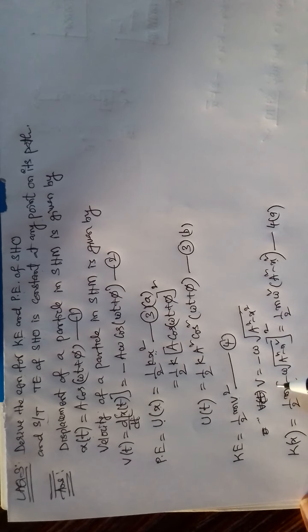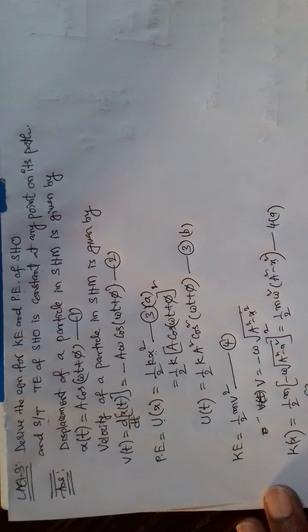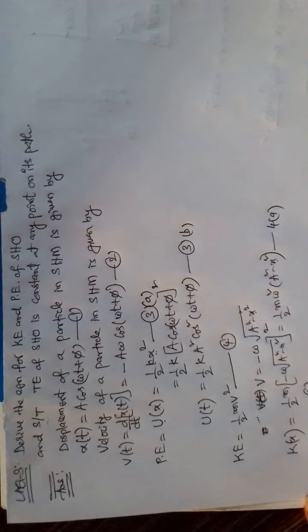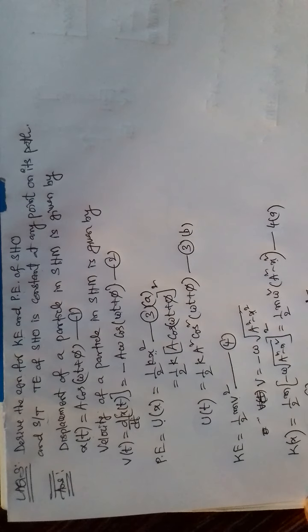Now here in place of velocity, instead of substituting this, you can substitute this expression also. So substituting this expression 2 in 4, we get half m, here what is this, minus a omega cos(omega t plus pi) whole square.